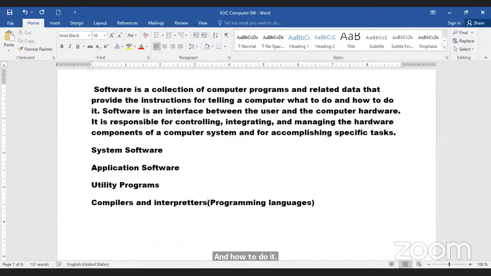We are giving a definition of software and also the functions of software. Software acts as an interface between the user and the computer hardware, and it is responsible for controlling, integrating, and managing the hardware components of a computer system, and also for accomplishing specific tasks.